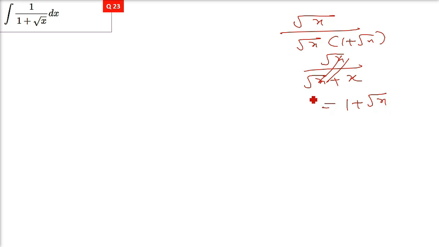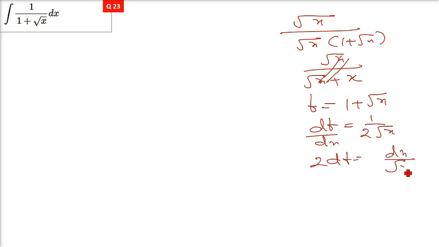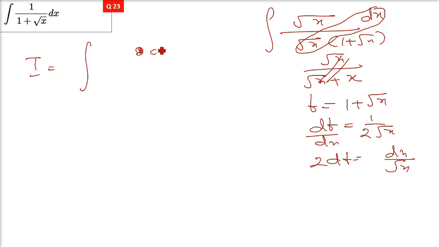So 1 plus root x will be t. dt by dx will be equal to 1 by twice under root x. When this 2 goes up on the left, dx goes up on the right. So dx by under root x will be twice of dt. So this dx by under root x can be written as twice of dt. So this integration will be 2, I'm just saying that 2 can be taken outside, dt divided by what will come? t equals 1 plus root x.